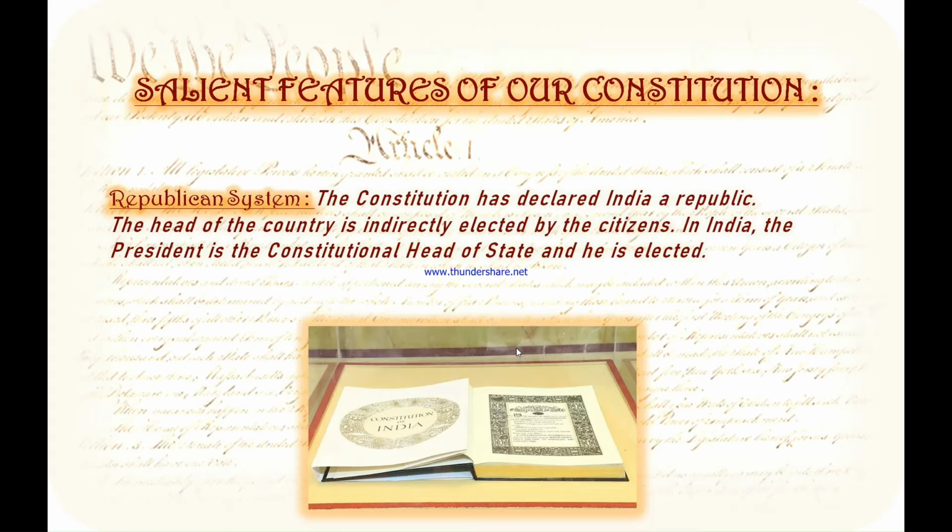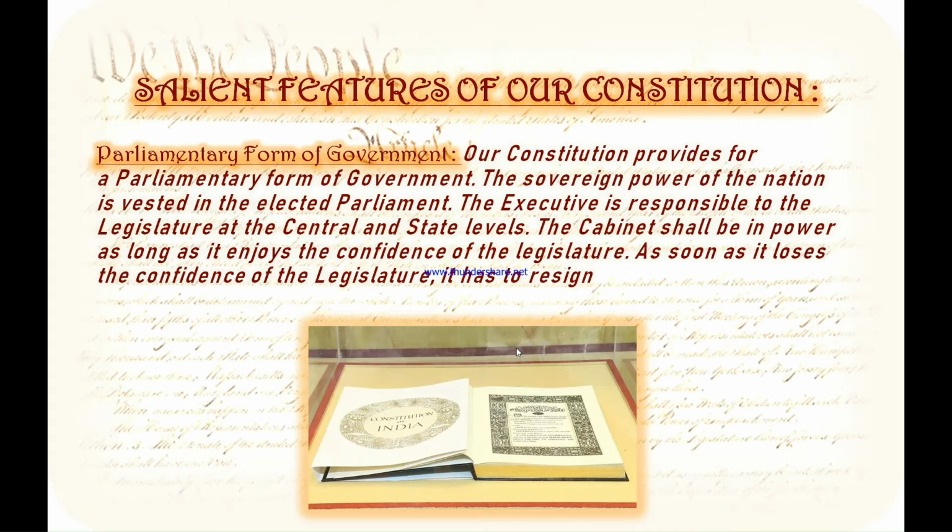The Constitution has declared India a republic. The head of the country is indirectly elected by the citizens. In India, the president is the constitutional head of the state and he is elected. Our constitution provides for a parliamentary form of government.